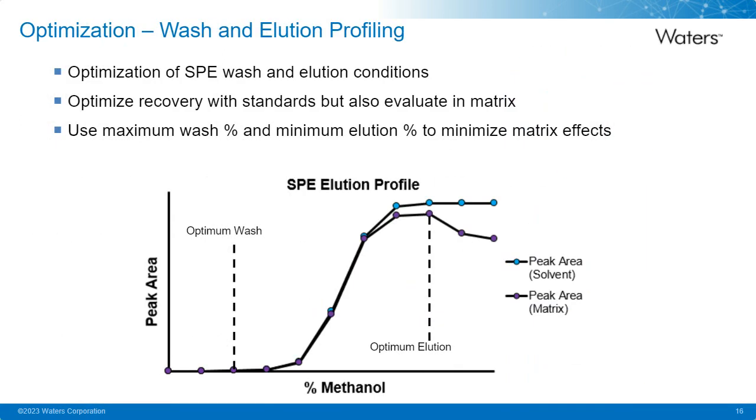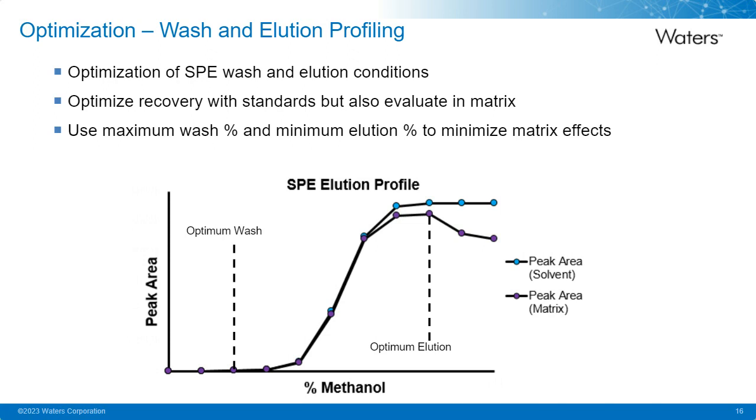When we talk about optimization, often this is a sort of curve we're looking at. We're trying to find, for a particular analyte or group of analytes, what's the strongest solvent I can wash with to make sure that I don't wash them off of the sorbent? And when I'm eluting, we're more interested in what is the weakest solvent I can elute with.